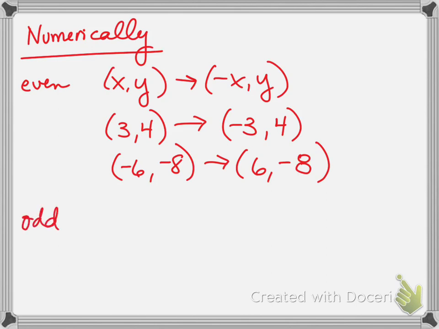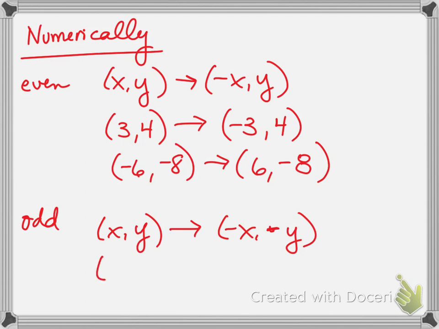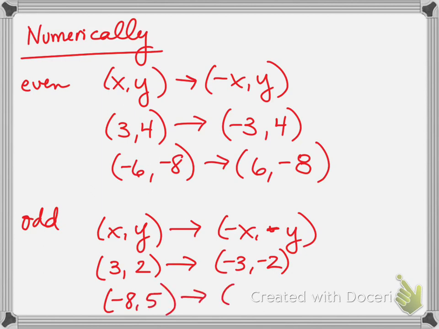If it's odd, for every x, y on your table, you would find negative x, negative y. So if 3, 2 is on your table, negative 3, negative 2 would be, if it's odd. If negative 8, 5 is on the table, then positive 8, negative 5 is. See, we changed both of their signs. That's the way odd works.